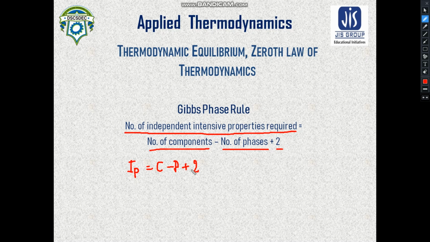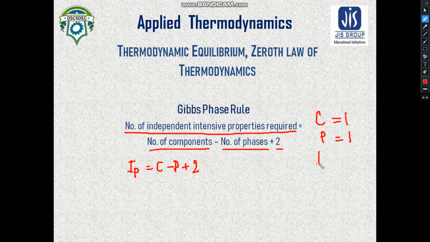Let us consider the number of components is 1. That means a gas is present in a piston cylinder arrangement. The gas is our system, so it is a single component, and the number of phases is also 1. So C becomes 1 and P, the phase, also becomes 1.